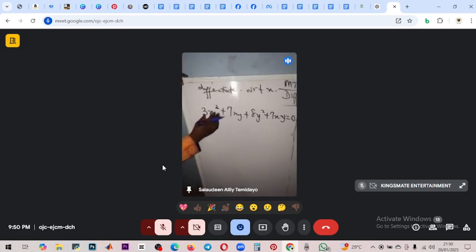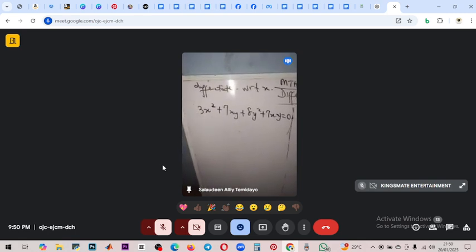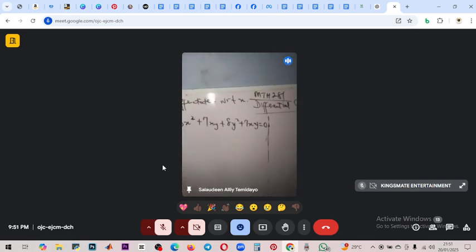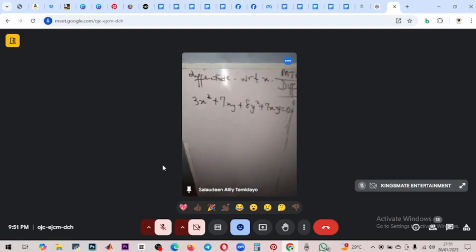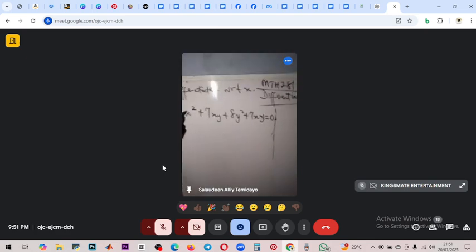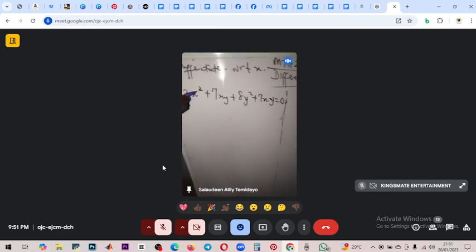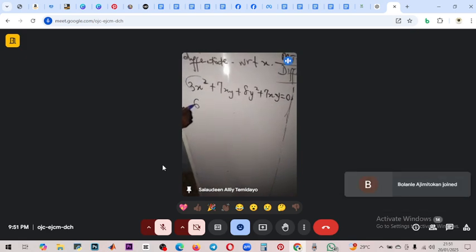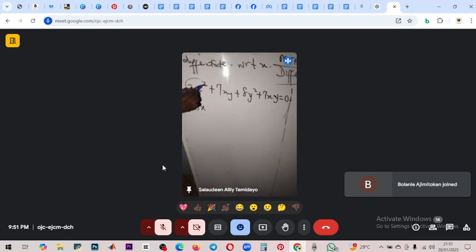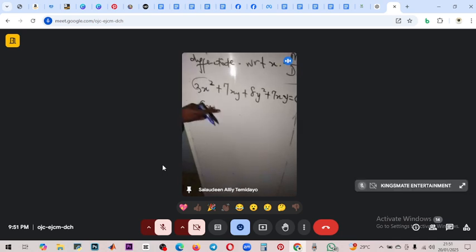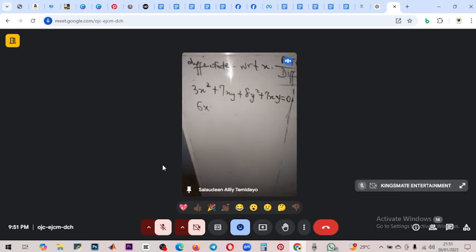Differentiate 3x squared. That is 6x: 2 times 3 is 6, and x raised to power 2 minus 1 is 1, so 6x.